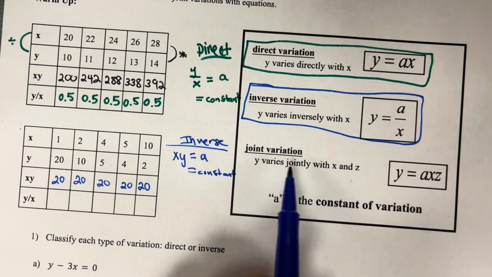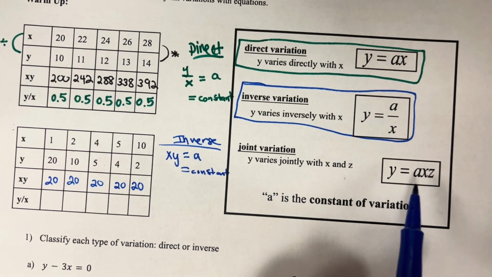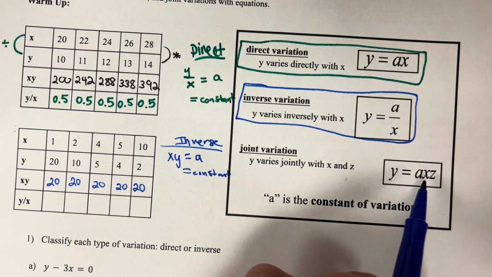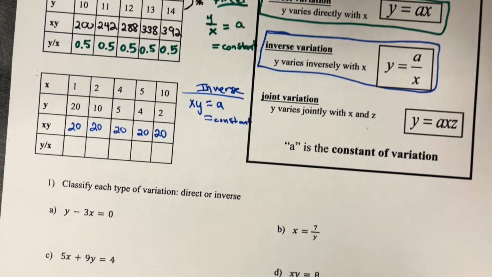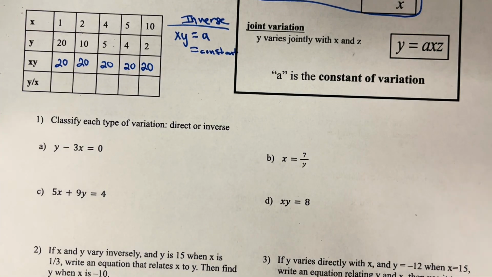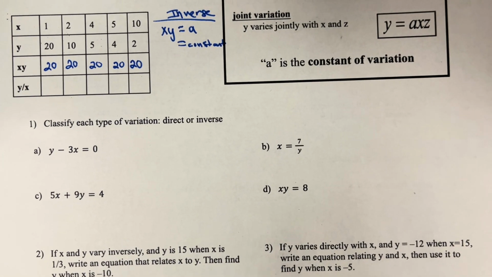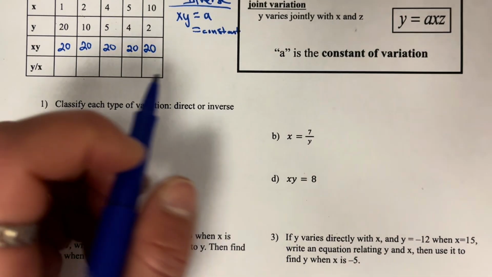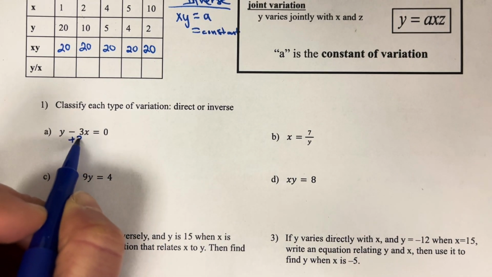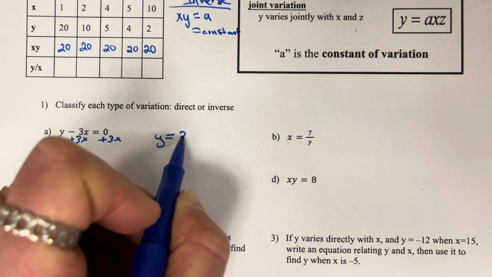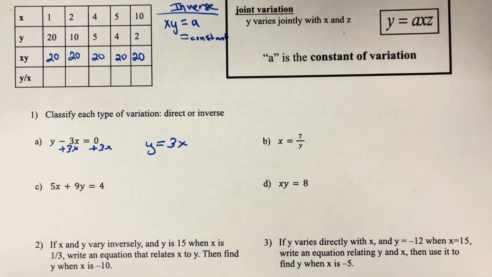And then we also have joint variation, which just means that there's two variables. Looks a lot like direct variation, but there's two variables, so we have the x and z. A is what we call the constant of variation. Next, we're going to classify each type of variation, direct or inverse. So you're going to start by making them look like the equations we have above. So I'm going to start by adding 3x to both sides, and we get y equals 3x.